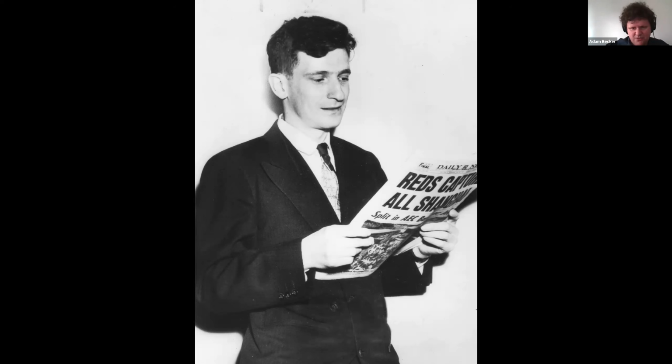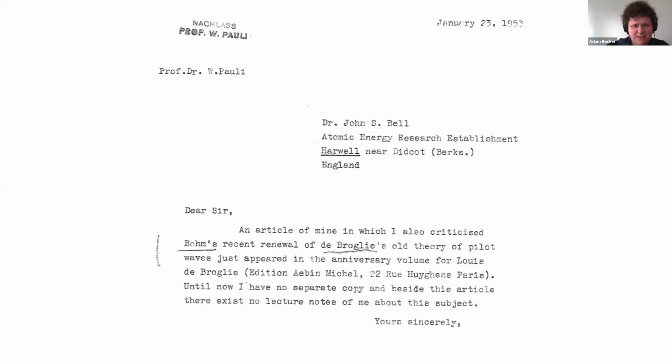And he set that aside for a few reasons. One of the reasons is that he wrote to Pauli and asked, what's wrong with this? Because he had been told that Bohm's ideas were not new, that de Broglie had come up with similar ideas a quarter century earlier, and that Pauli had shown that they were wrong.